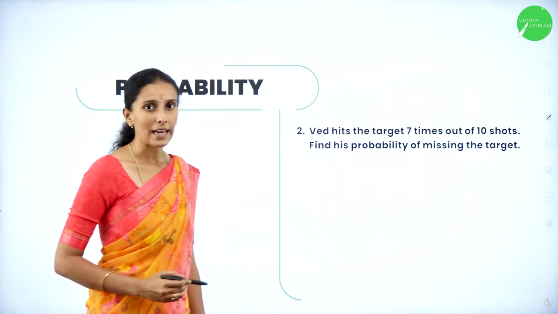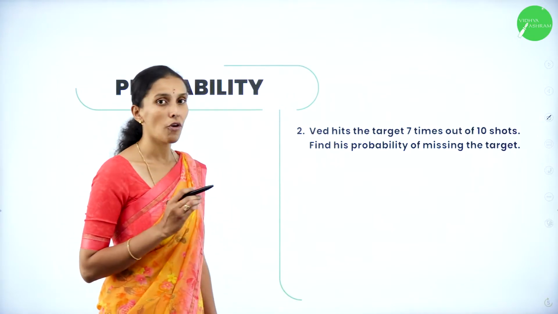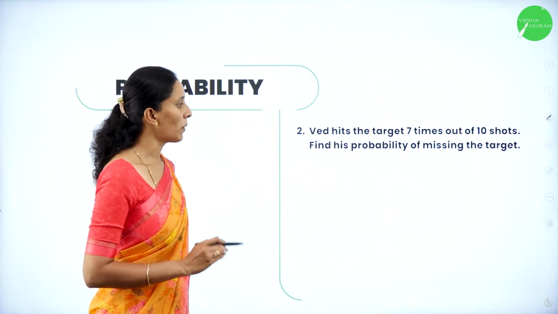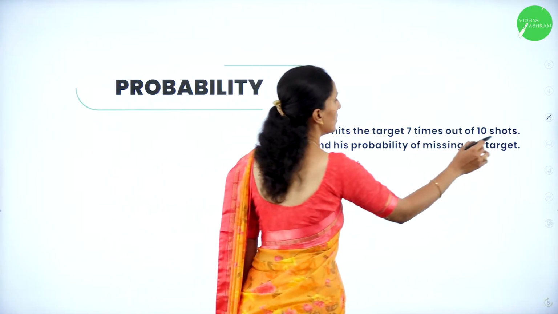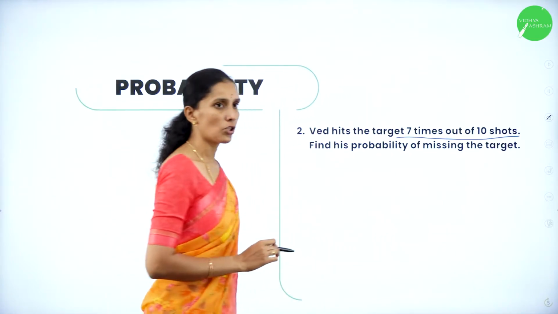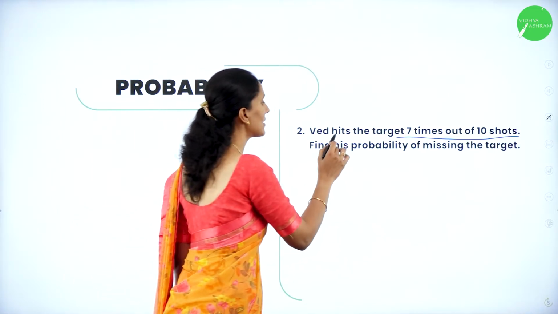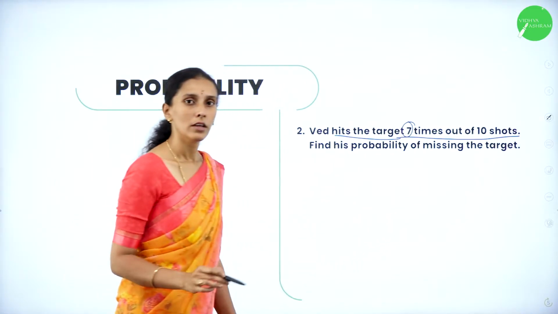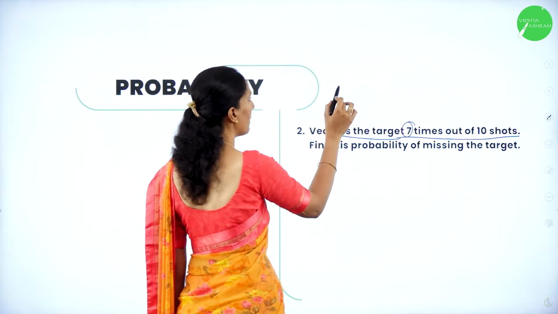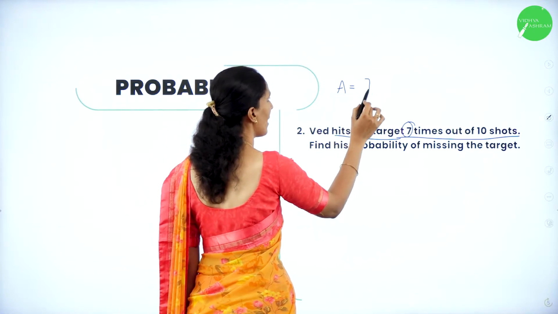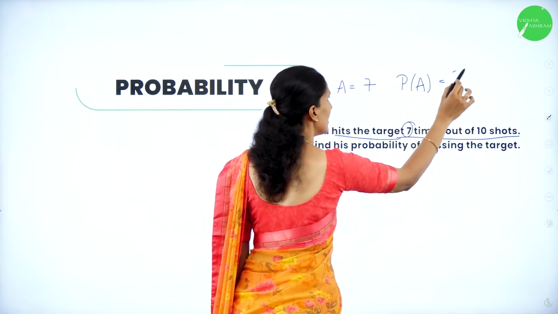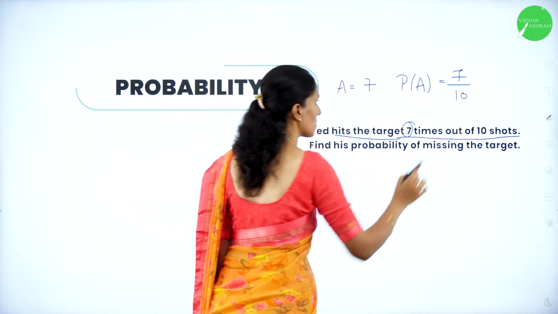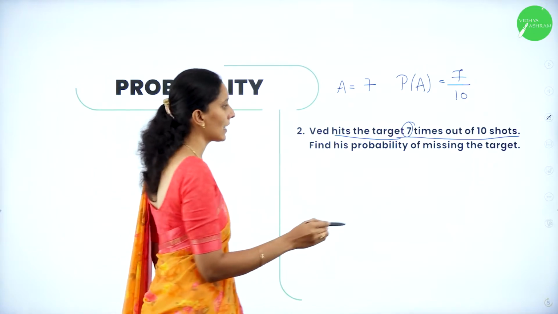Ved hits the target 7 times out of 10 shots. Find his probability of missing the target. So, out of 10 shots, he hits the target 7 times. That is what A is given. How much? 7 times. So what is the probability of A then? It is 7 out of 10. What am I supposed to calculate?